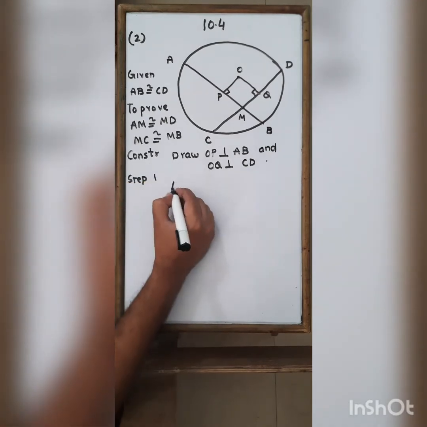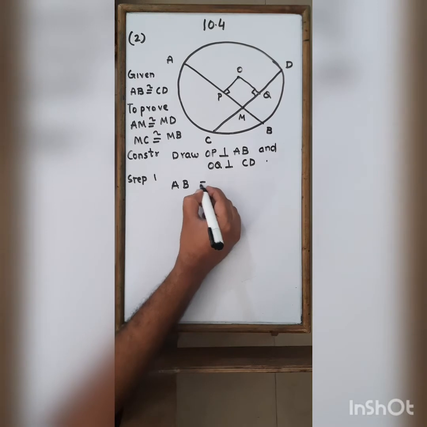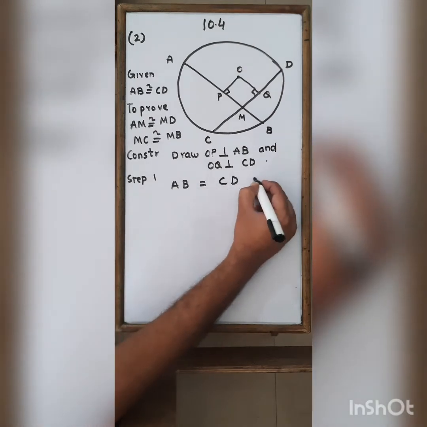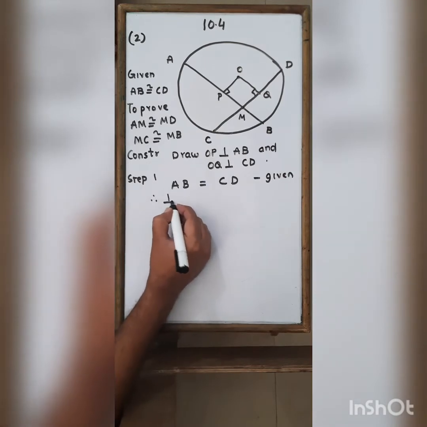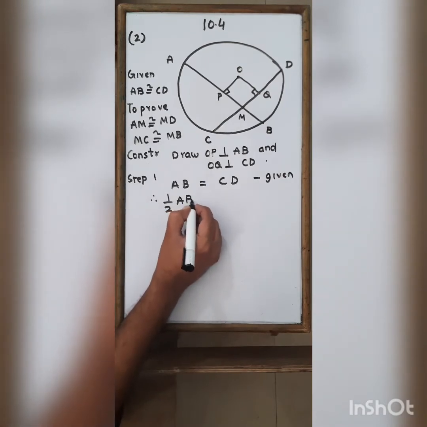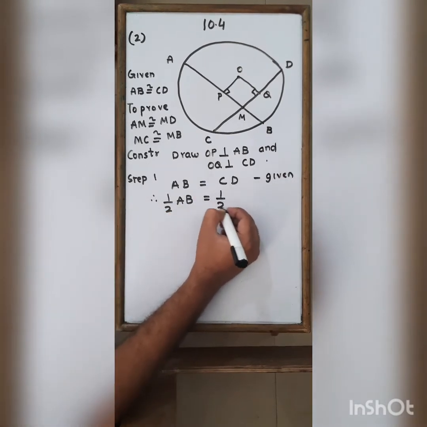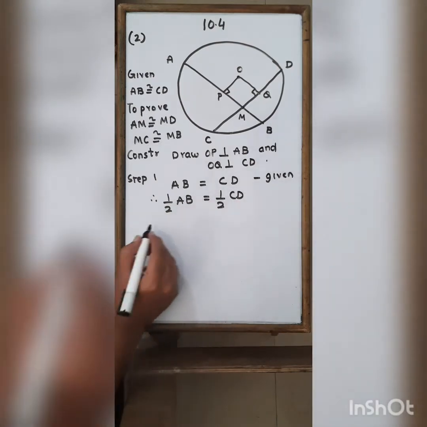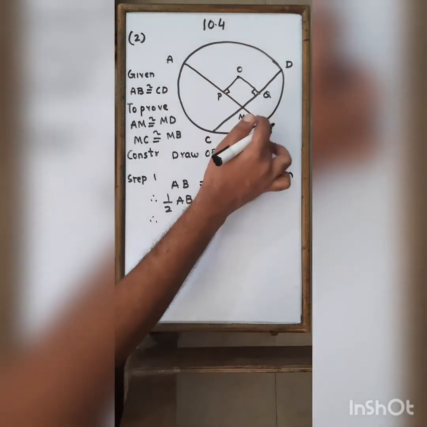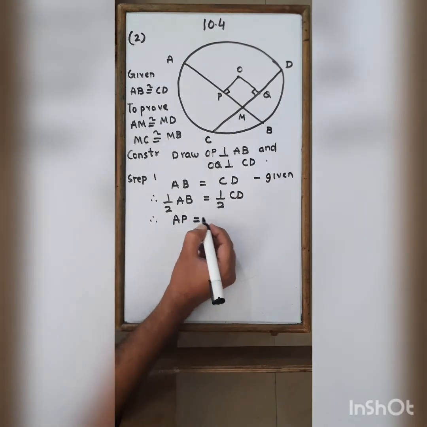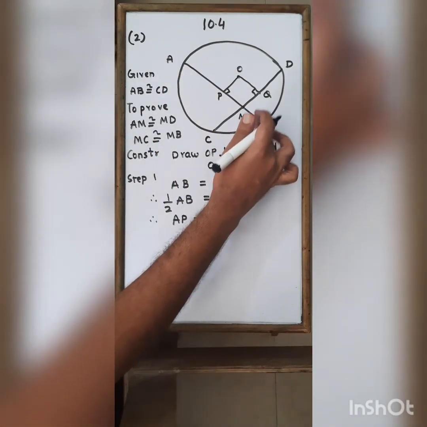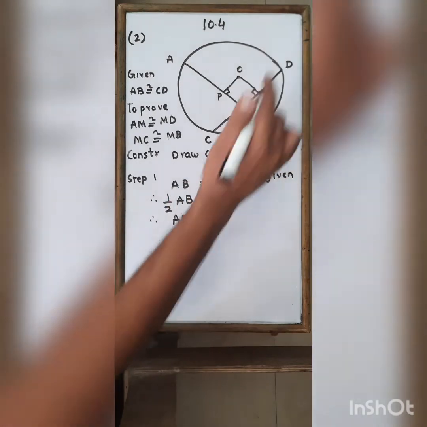Okay, so now step 1. I know AB is equal to CD. This is given, right? So therefore, can I say half AB is equal to half CD? Now AP is half AB, and QD is half CD. So therefore AP is equal to QD.